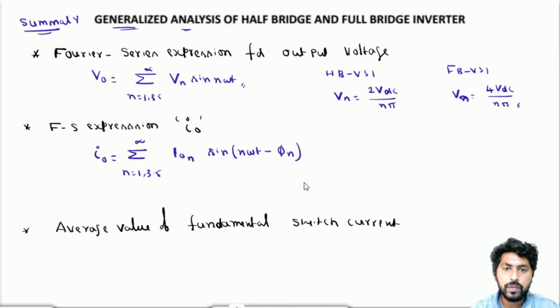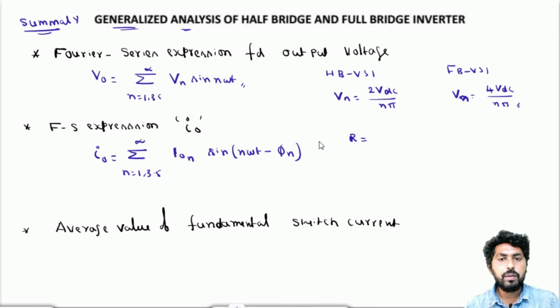So in this case, for the R load, phi n is equal to 0. So for the R load, we need to replace phi n with 0.